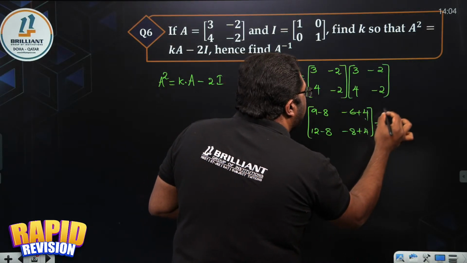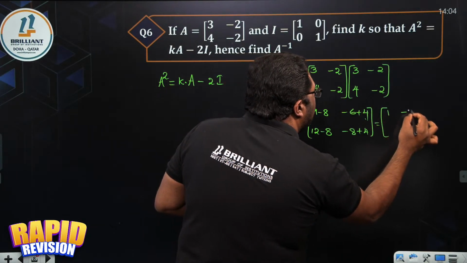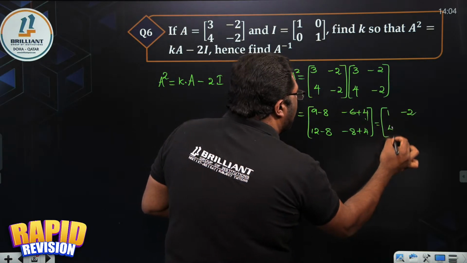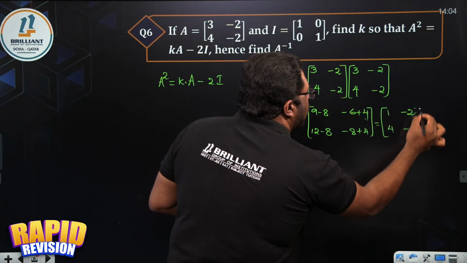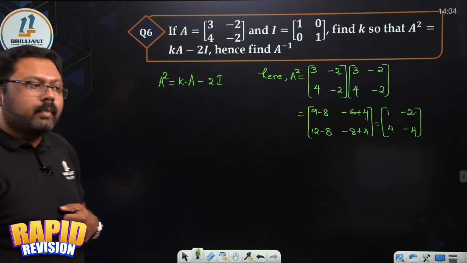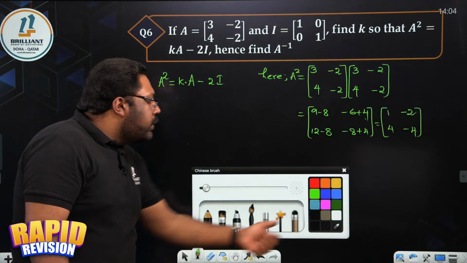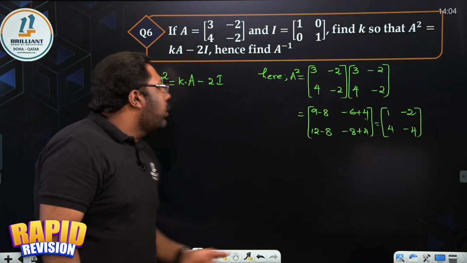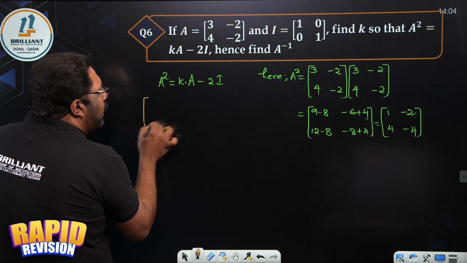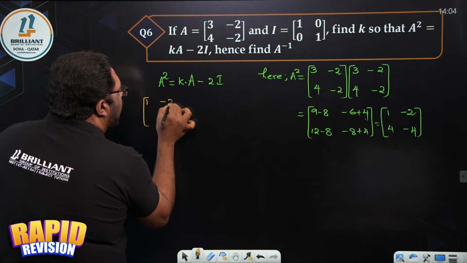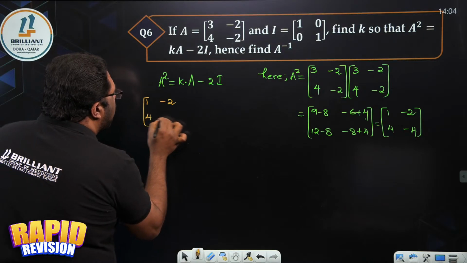So the product is 1 minus 2, 4 minus 4. This is A squared. Okay, and I'm now using this A squared in the equation. So the A squared equation is 1 minus 2, 4 minus 4.